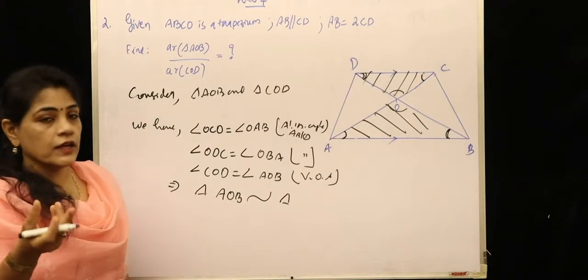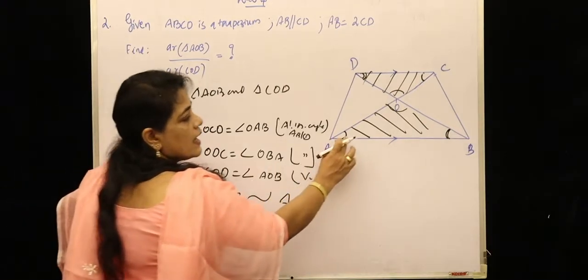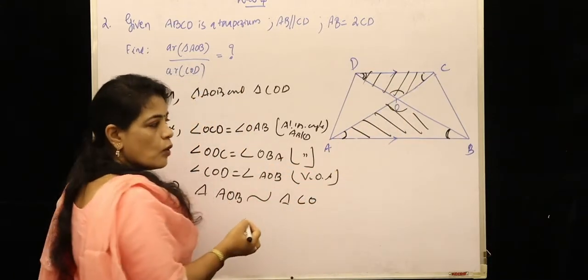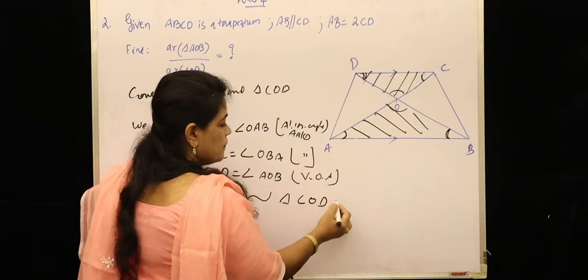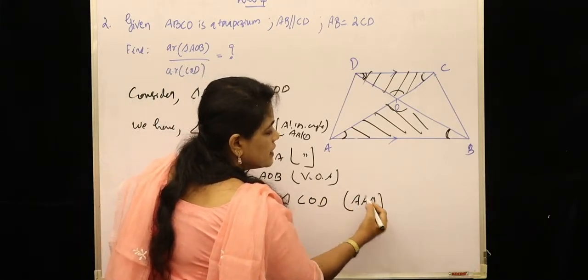In terms of A, we check: this A and C, so C, and vertically opposite angle O, and the last one D: COD. This is because of the AAA similarity criterion.